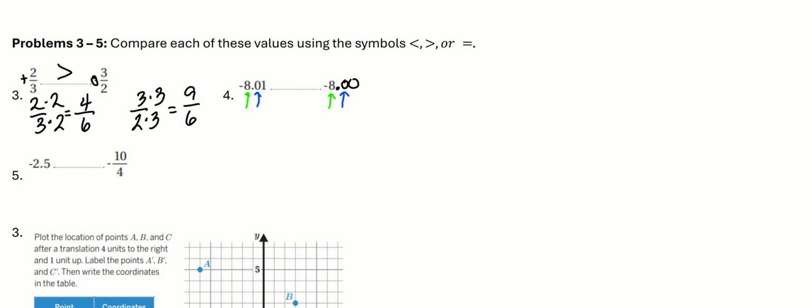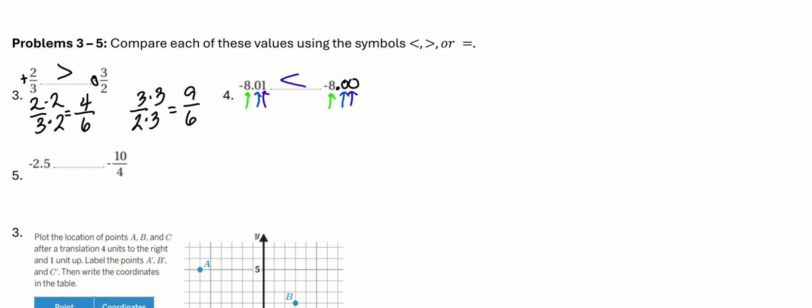So again, we cannot compare which one is greater than or less than. So we would have to look at the third number. And since in this case they're negative, and owing somebody a penny and not owing anybody a penny, we would then say that -8 is of course greater than -8 1/100.